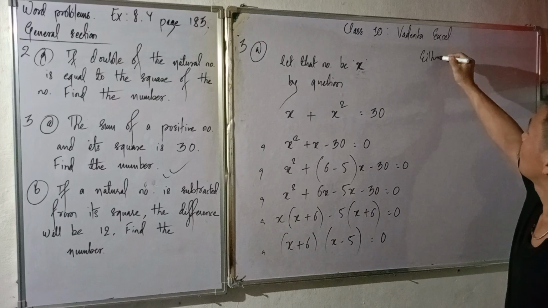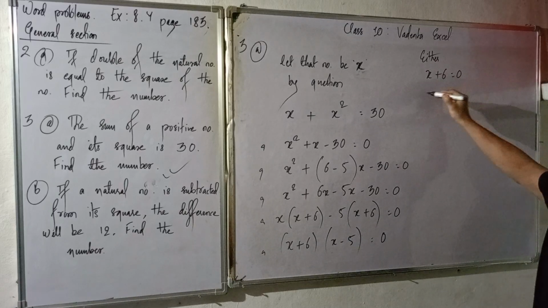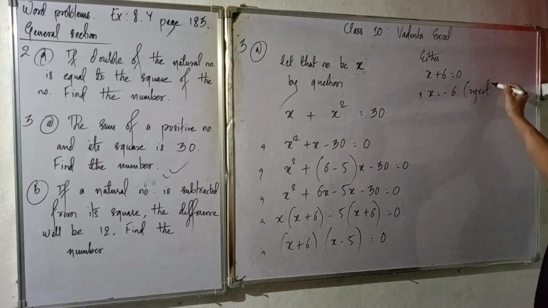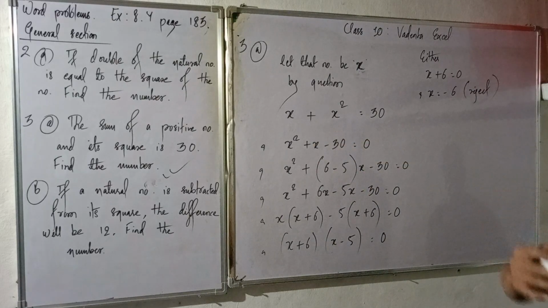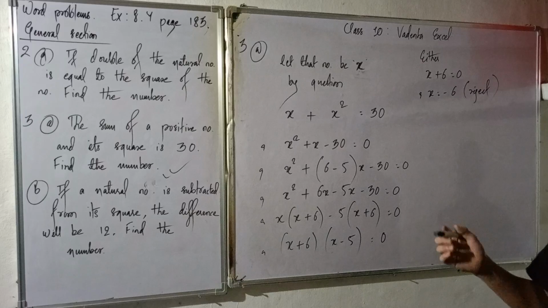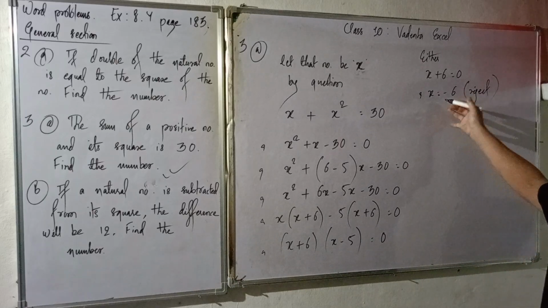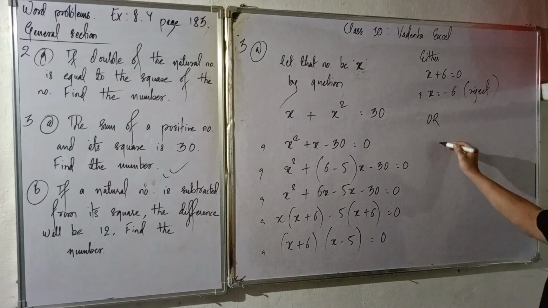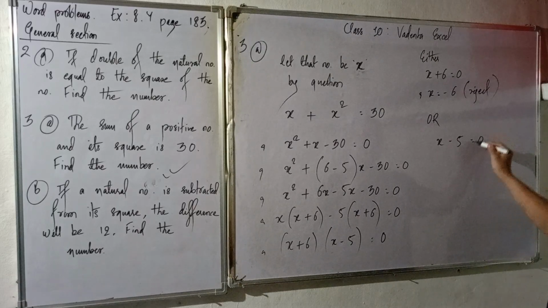Either x plus 6 equals 0, or x equals minus 6. We have to reject this, because in the question, we are only asked to find that positive number, and this is negative, so we reject. Now x minus 5 equals 0, or x equals 5.